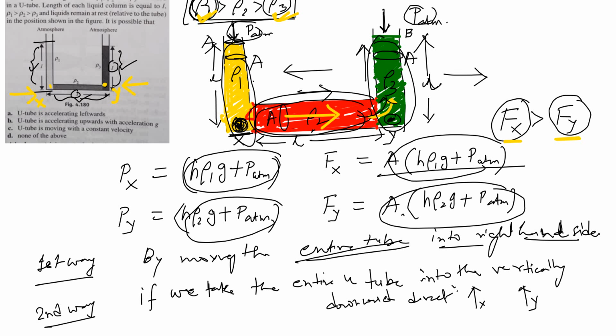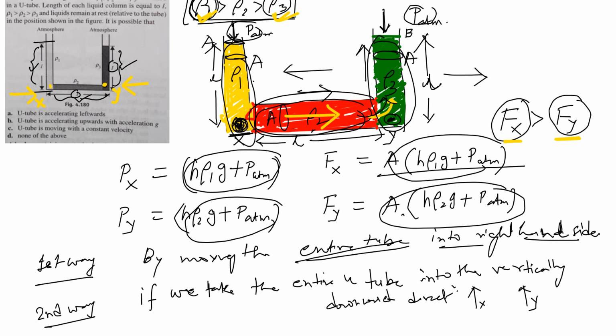So if we take it in the downward direction, definitely there will be a pseudo force which will act at the points X and Y. This pseudo force will act vertically in the upward direction, and that means at points X and Y there will be a pressure which will nullify the pressure at point P. Point P pressure means I am talking about point X pressure and point Y pressure.